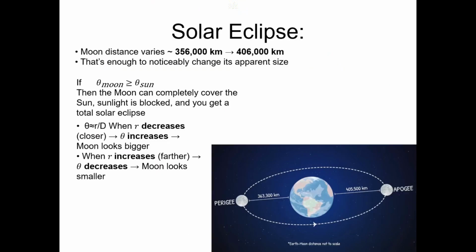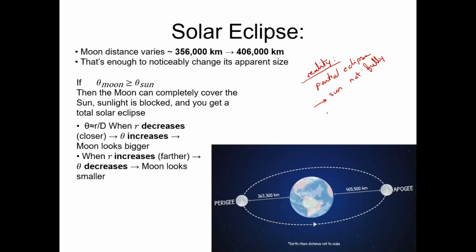Now, here I want to point out something that you might think of, which is that the solar eclipse sometimes doesn't really block the sun fully. Sometimes we have a partial eclipse occurring, and the sun is not fully blocked.